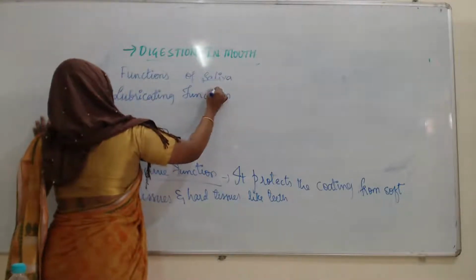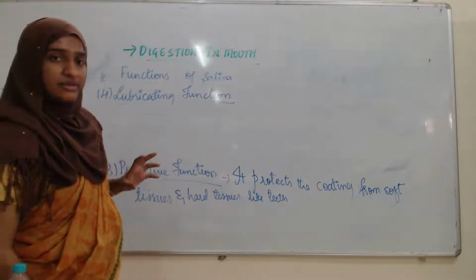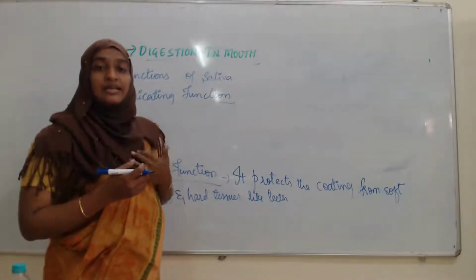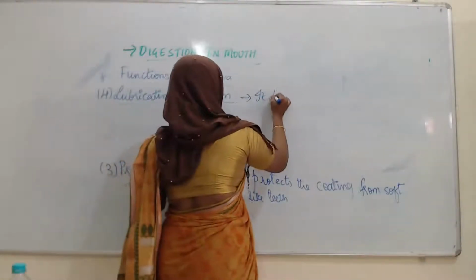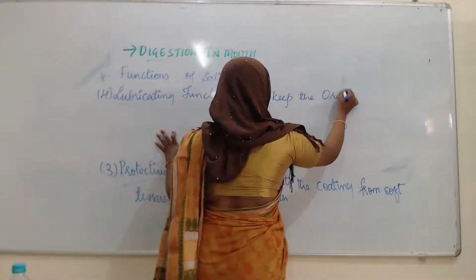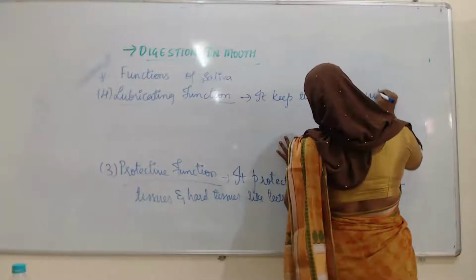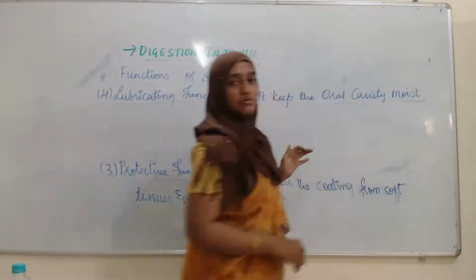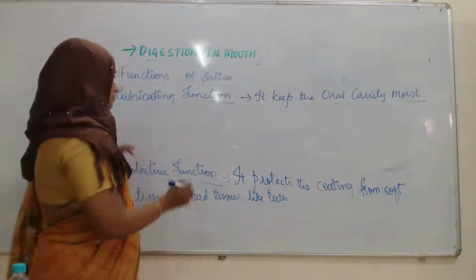In the lubricating function, it keeps the oral cavity moist, by which it provides lubrication to the food to enter into the food pipe. It keeps the oral cavity of the mouth in a moist condition, which is also very important for swallowing the food. Then it facilitates speech.